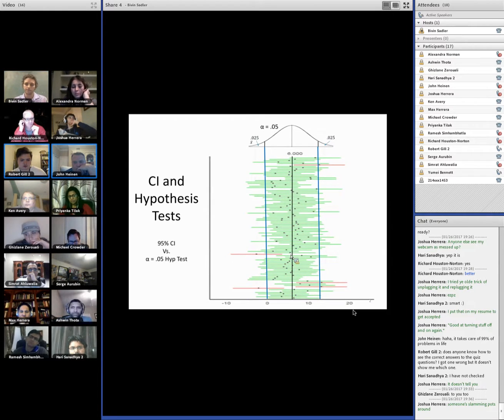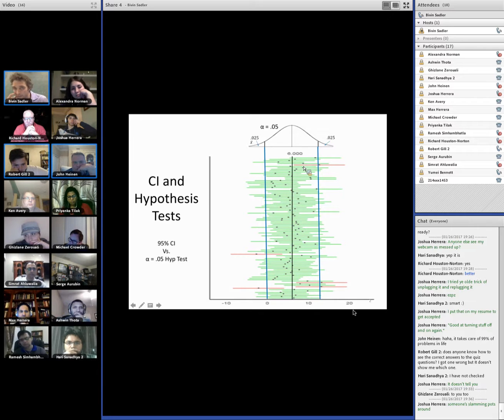Okay, so now let's blend that in again with what a hypothesis test is. You can look at the same idea with a hypothesis test. We know that 95% confidence always corresponds to an alpha 0.05 test. And if it's two-tailed, that alpha 0.05 is 0.025 in this end and 0.025 in that end. This is why they're linked, there's a one-to-one correspondence.